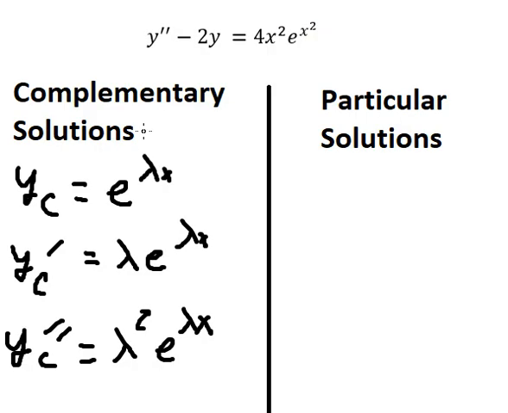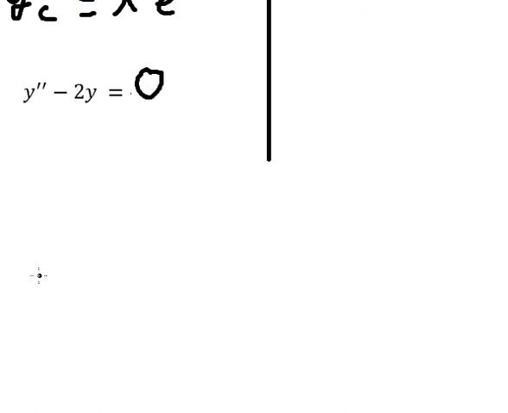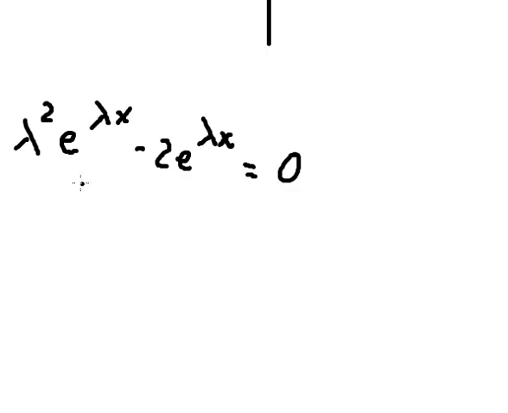Because this is about complementary solutions, I will put this one equal to number 0. So I will put this one gone here and this one gone here. So we can do factorization by e to the power of lambda s.